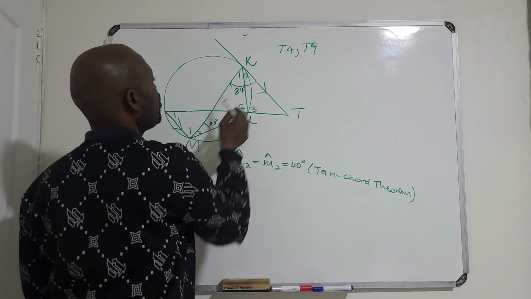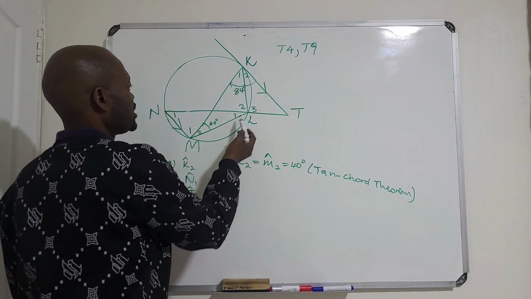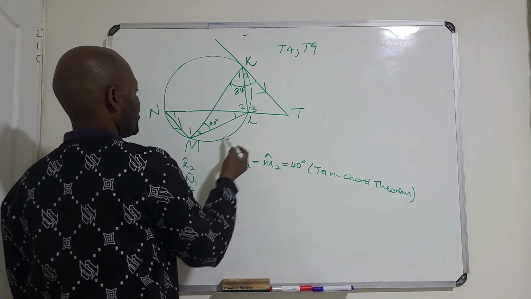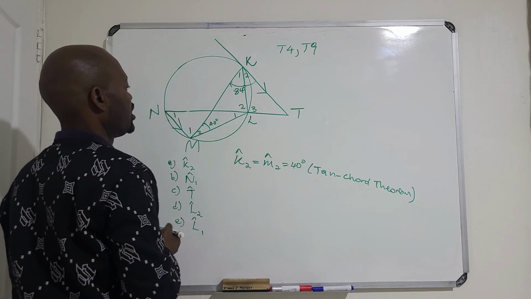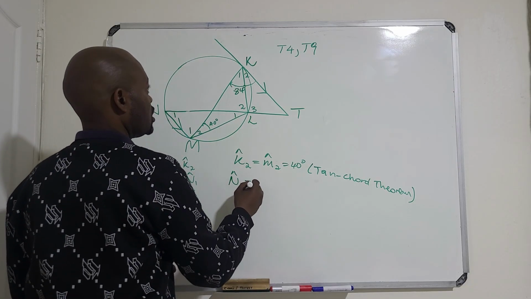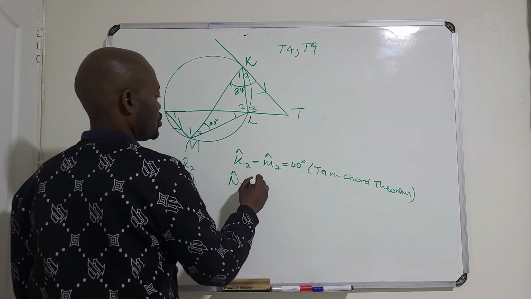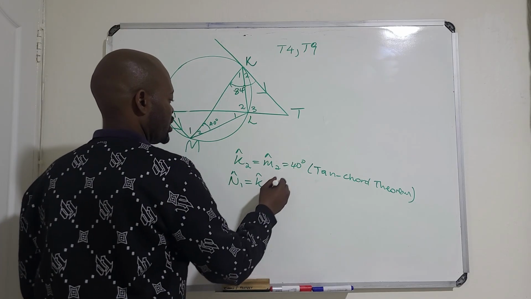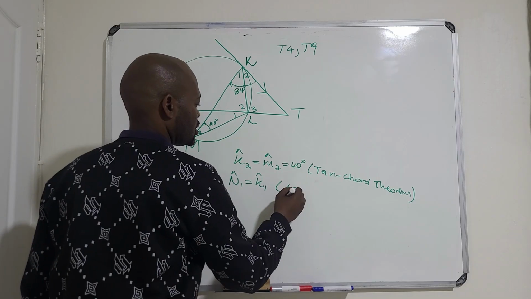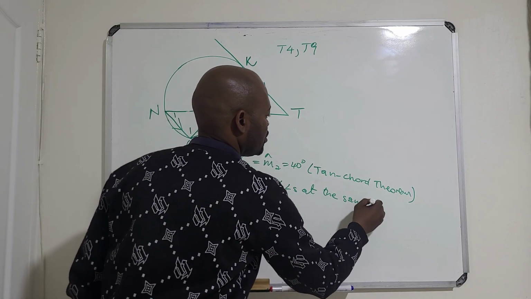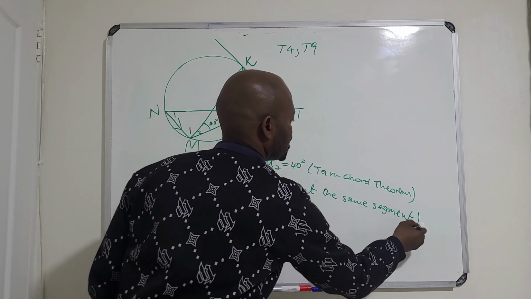N1 and K1 are in the same segment because they're subtended by the same arc there. Therefore, angle N1 is equal to angle K1. Reason: angles in the same segment.